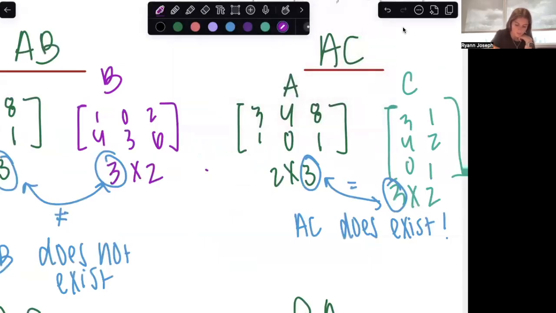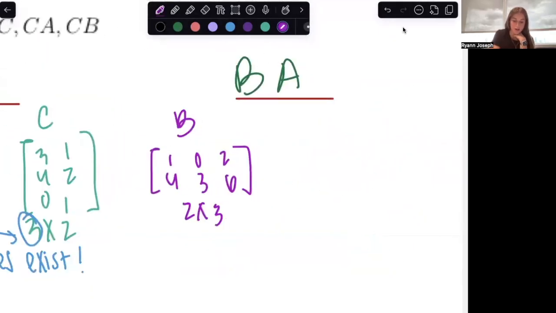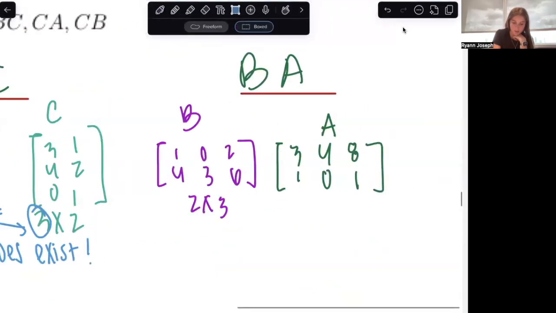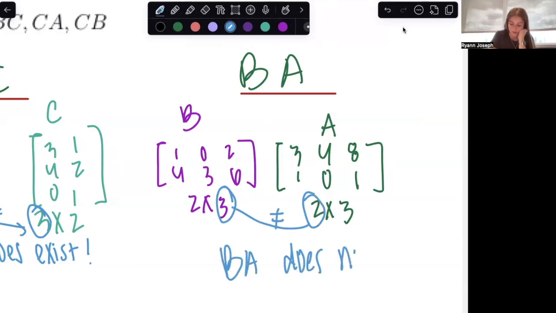Oh wait, sorry, B is a 2 by 3. And then I have my A, which, as we recall, is a 2x3. Again, I compare the middle numbers. I see that 3 and 2 are not equal. So BA does not exist.